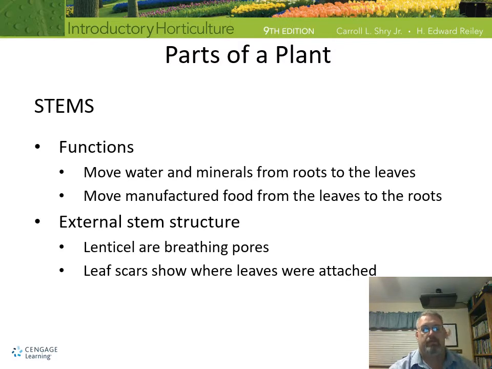In a tree, a stem will ultimately turn into trunks or heavy branches if they are left to grow long enough. In smaller plants, they just become another branch on a plant or a shrub. And in a small flower, this is going to be the stalk where the flower is ultimately attached.